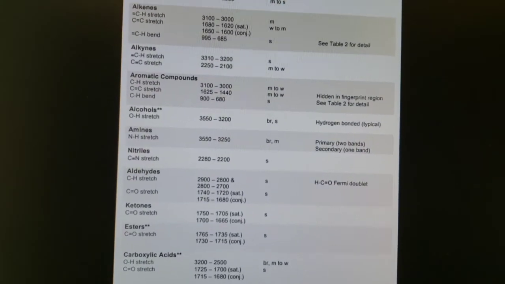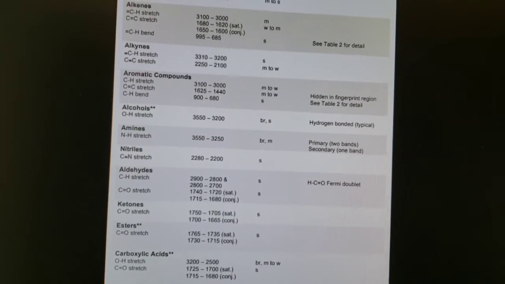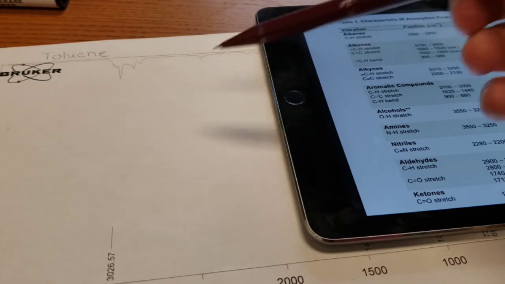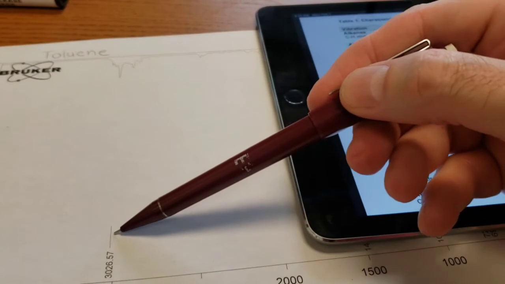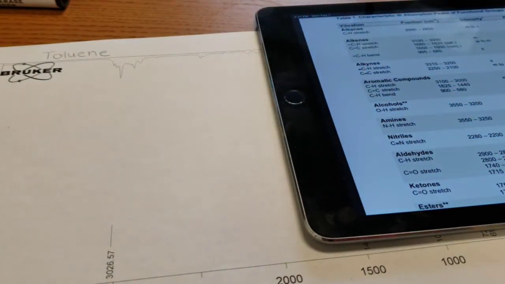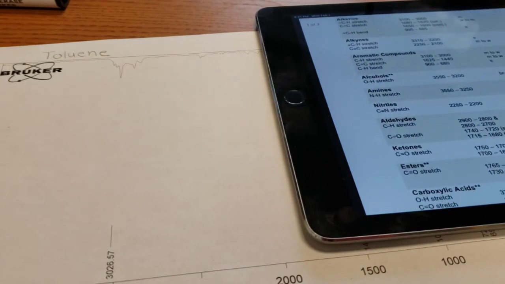Sometimes they're just a list. Ultimately, it's your task to interpret the spectra, and we can do that by reading the wave number of important signals and then looking in the correlation table to see what is a good fit.